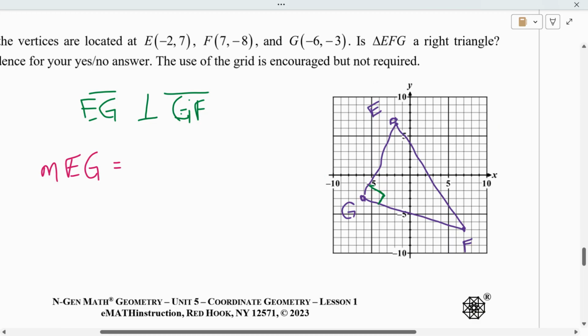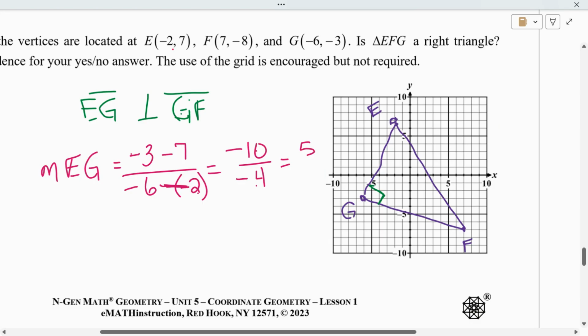So G, -3, minus E, 7, over G, -6, minus E, -2. All right, -3 minus 7 is -10. And -6, well, this is minus a negative, which becomes plus. -6 plus 2 is -4. So when I simplify this, a negative divided by a negative is a positive, and I can divide both of these by 2, so I get 5/2.